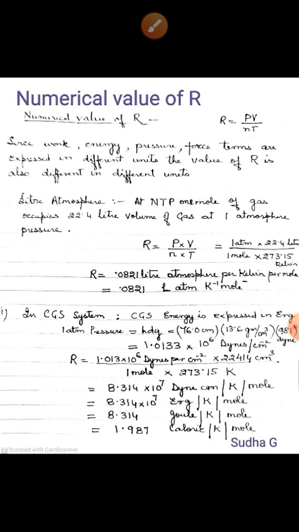Therefore, this is also equal to 8.314 into 10 raised to the power of 7 erg per Kelvin per mole. When expressing in joules, we get this numerical value equal to 8.314 joules per Kelvin per mole. And when this work is expressed in calories, we divide by the calorie conversion and get 1.987 calorie per mole per Kelvin.